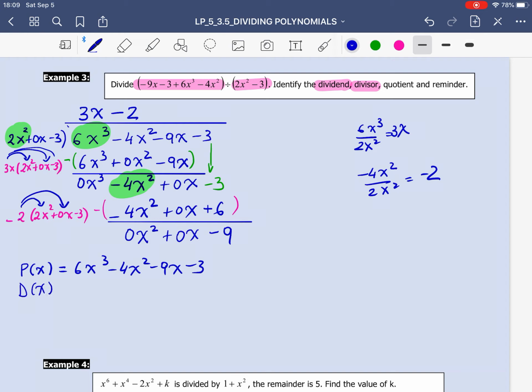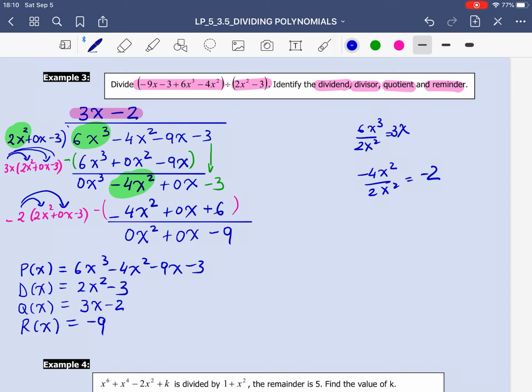So we'll write d(x) equals 2x squared minus 3. And now we have to identify the quotient. The quotient is always the answer. So q(x) equals 3x minus 2. And last but not least, we have to identify the remainder, which is, in our case, r(x) equals negative 9.